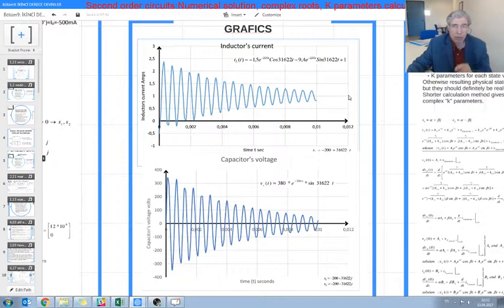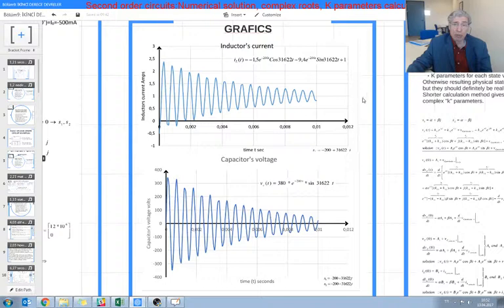The particular solution for the inductor was equal to 1. So it's going to be 1 here, what we observe after 20 milliseconds.